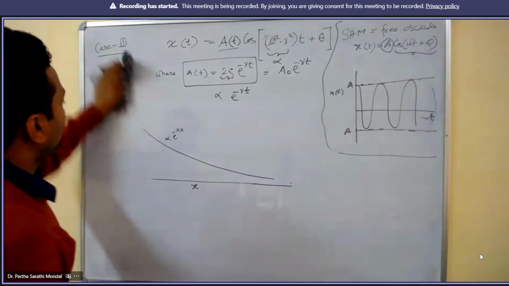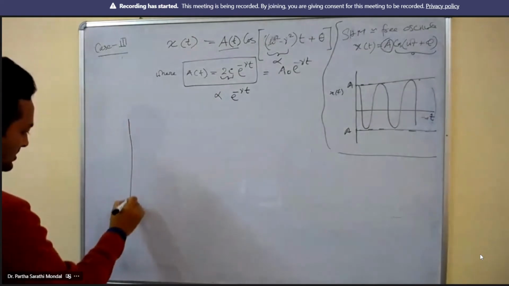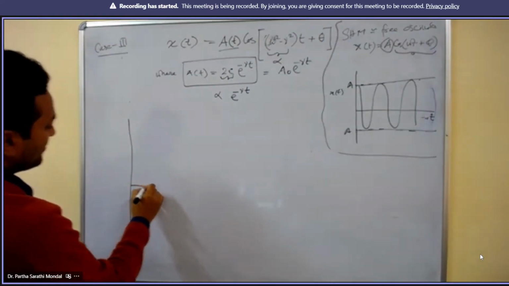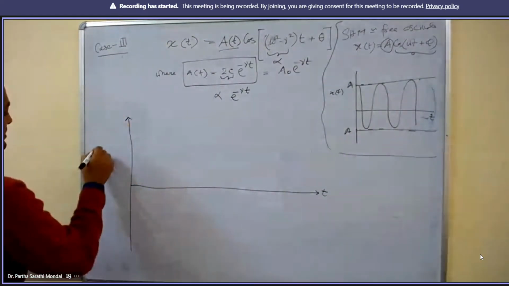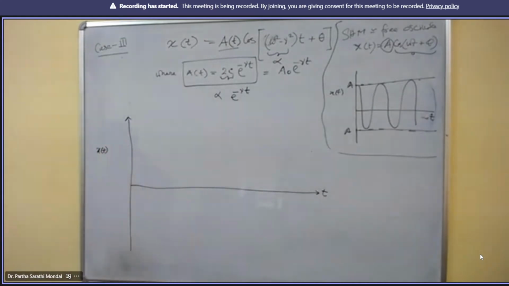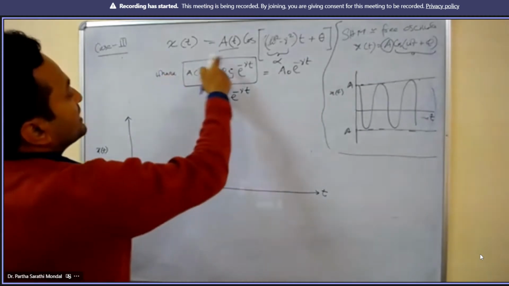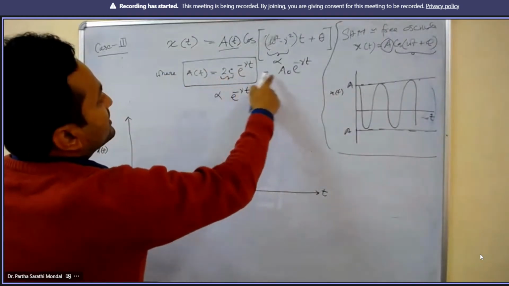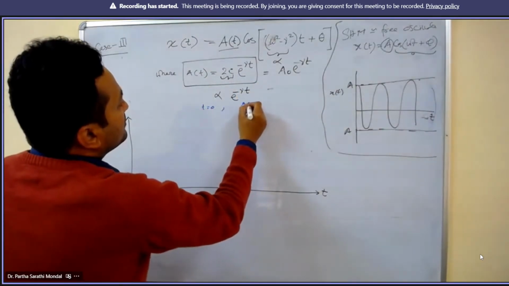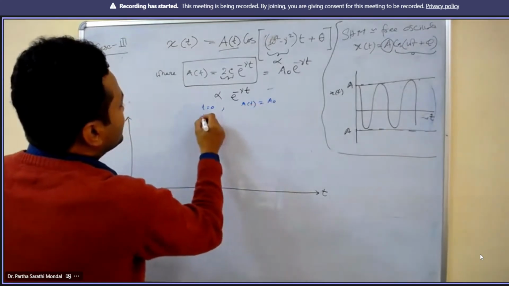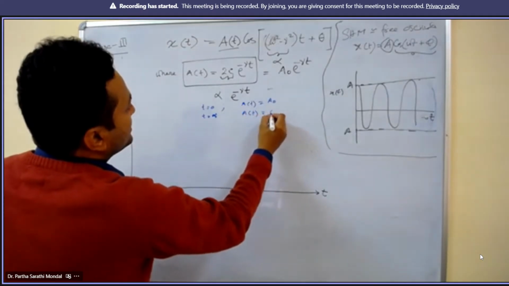So instead of having this graph, you will get something like this: the envelope. Let's say this is your t and this is your x(t). At t equal to 0, A(t) will become A0, and at t equal to infinity, A(t) will become 0.